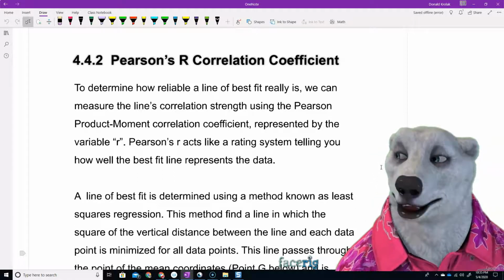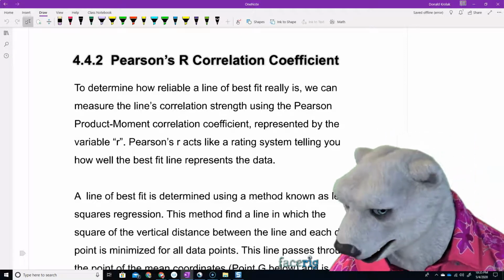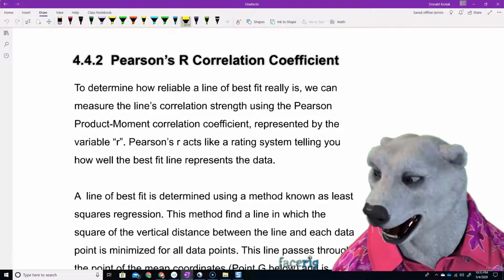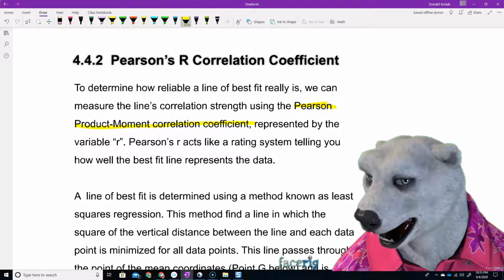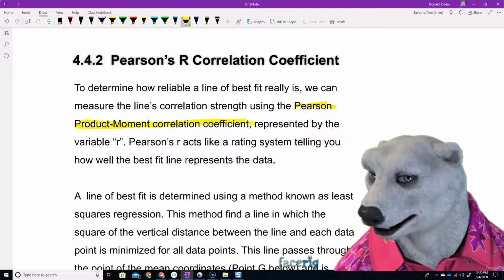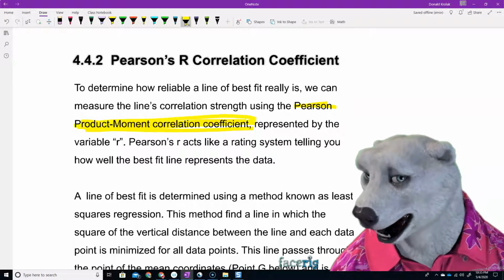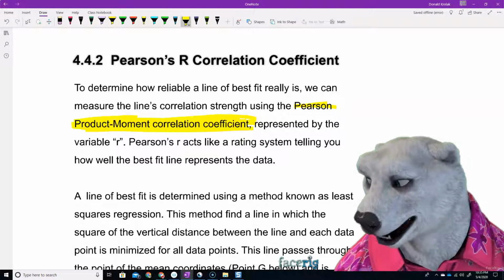The official word, it's called the Pearson product moment correlation coefficient. What do you think of that? A lot of words. Really, just think about it. It's a rating system. How well does your line of best fit match the data?